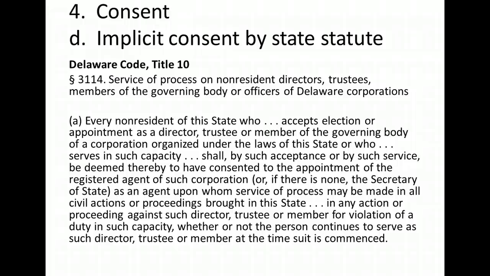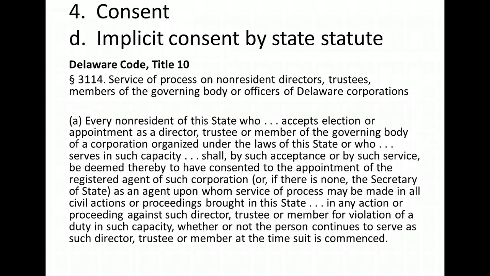So the most recent case that we read that had this type of state statute was Schaffer versus Heitner. Actually, the statute on this screen was not in effect at the time of Schaffer versus Heitner. But after that decision, the Delaware legislature passed this statute that you see in front of you.